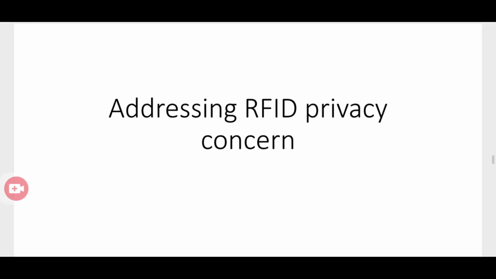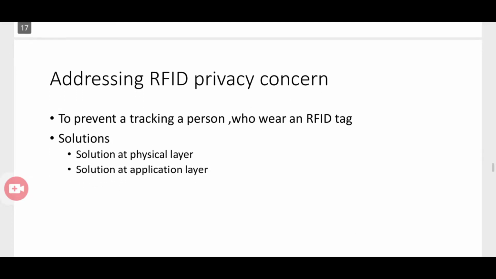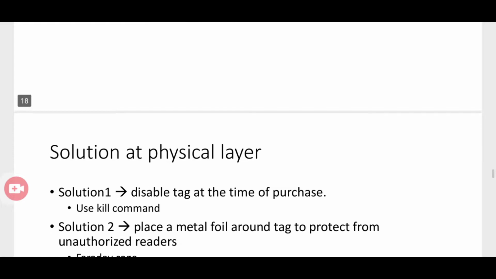Then for addressing RFID privacy concerns, there are a lot of security issues for the RFID system. To prevent tracking a person who wears an RFID tag, a solution can be applied at the physical layer and also at the application layer.